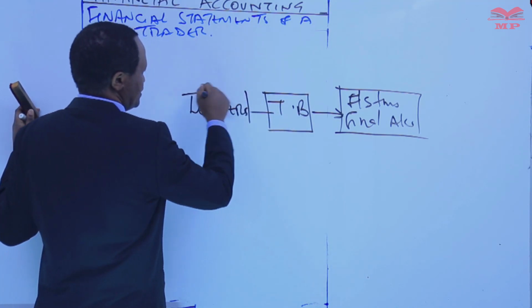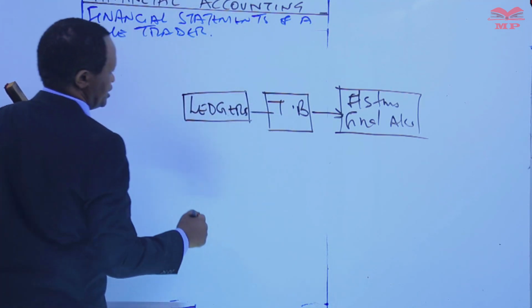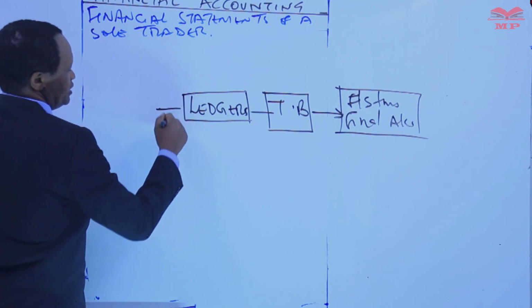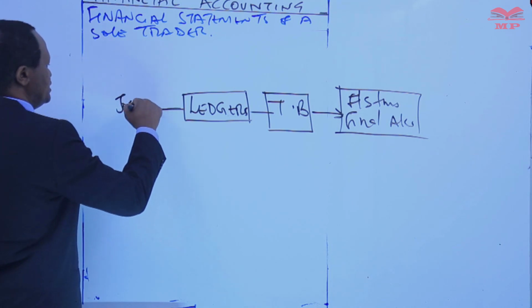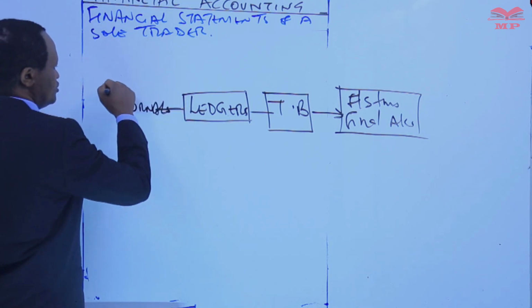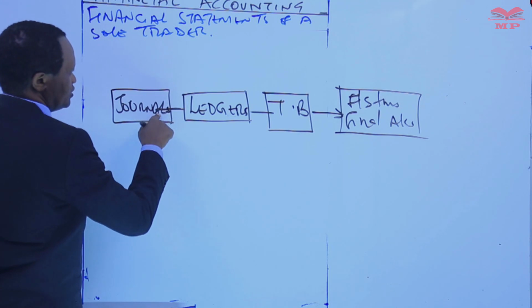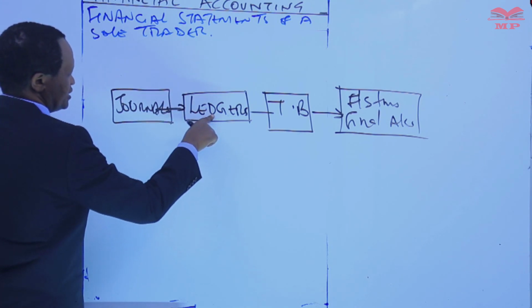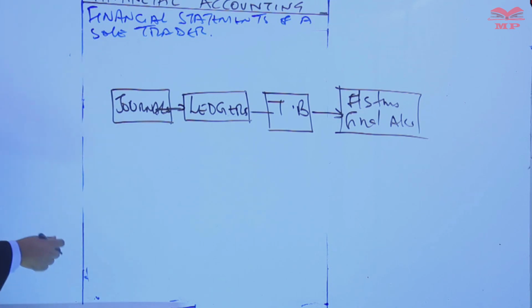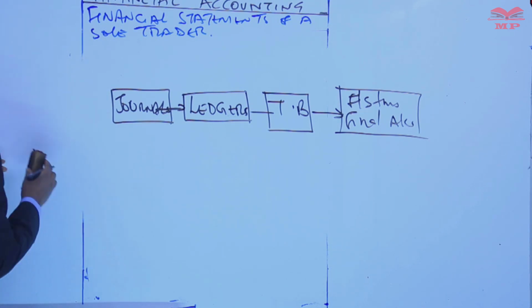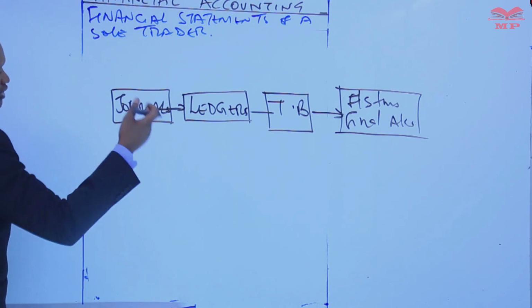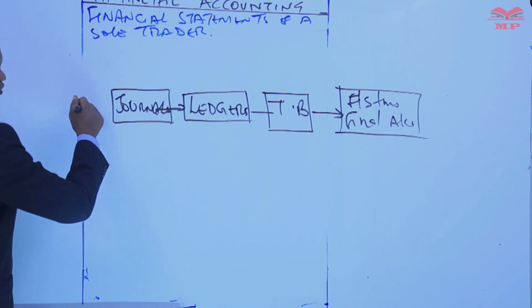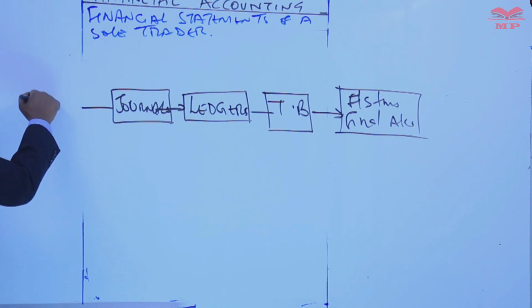And you cannot have these ledgers without the journals. We use journals to prepare ledgers. And these journals, which are also known as books of original entry, books of prime entry or subsidiary books, are prepared from source documents.